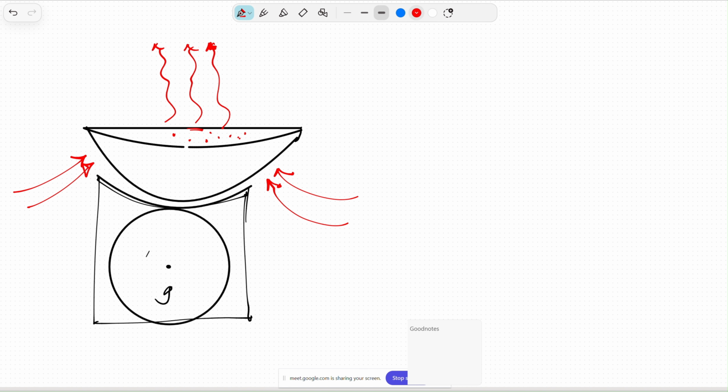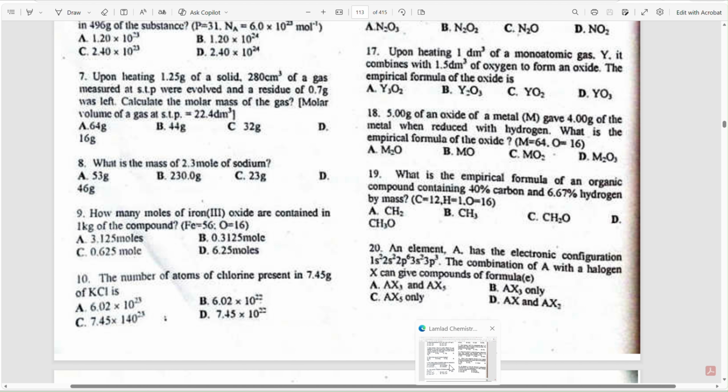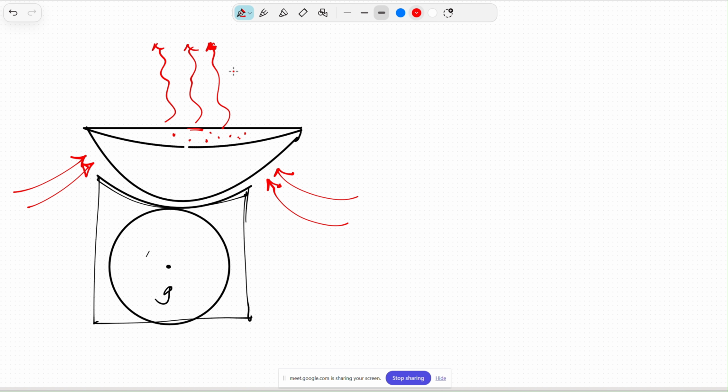Yes, sir. Okay. Now the volume of the gas that is coming out is 280 centimeter cube. You're given the volume, and this is measured at STP. When we are talking about STP, that's standard temperature and pressure.